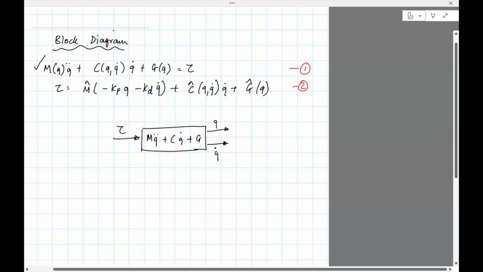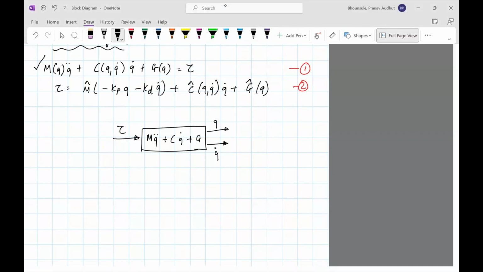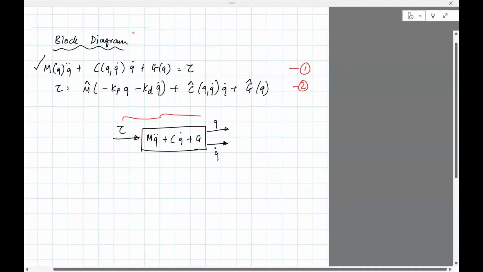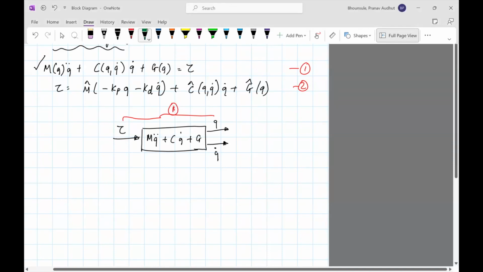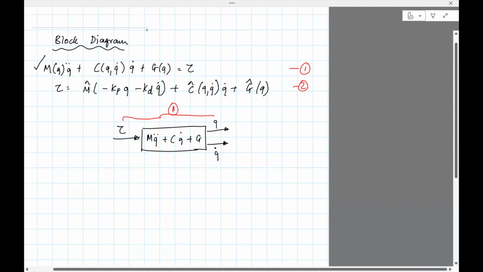Okay, now this basically takes care of equation 1. That's everything which is in equation 1. Now we need to show the second equation. That will basically tell you how q, q dot feed back to tau. So let's see what's happening here. We have q and q dot, which come from the system, getting multiplied with kp and kd.